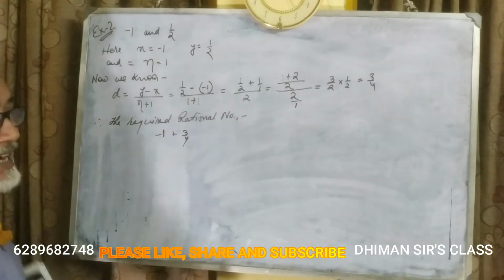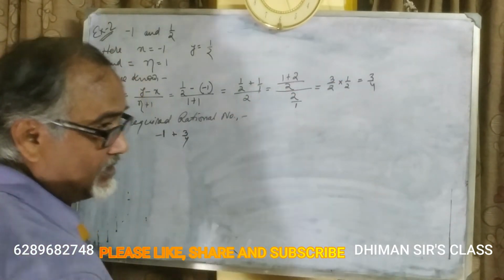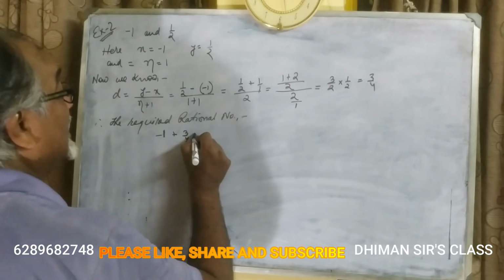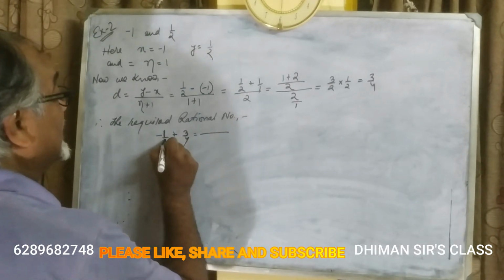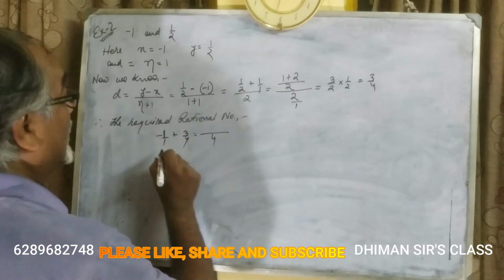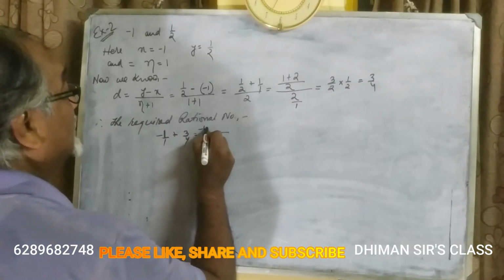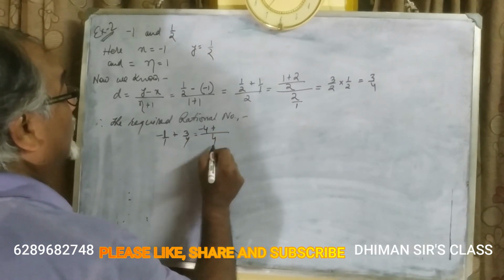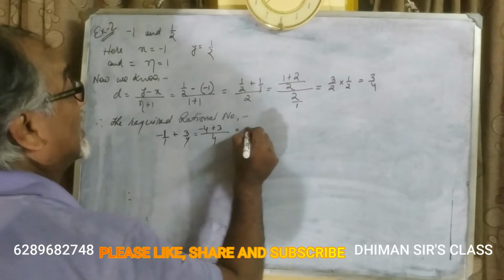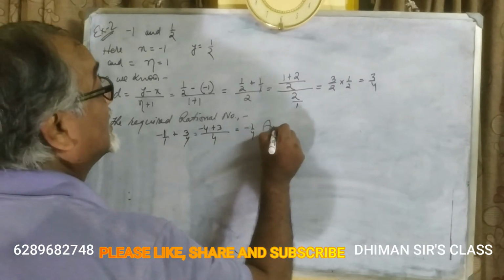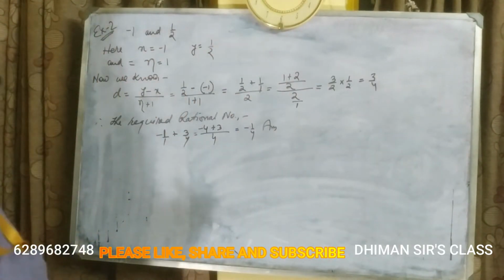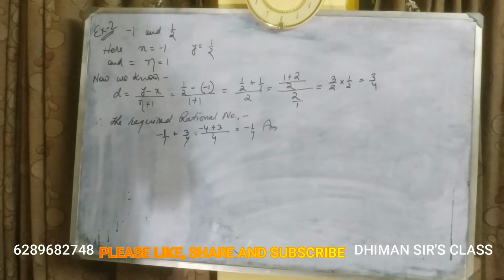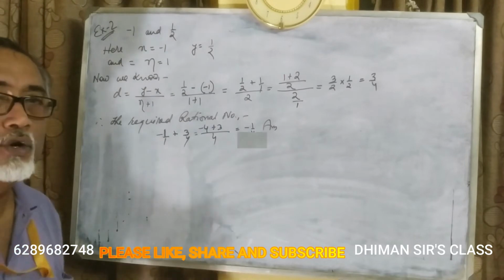The difference is added to the first term and finished, we get the answer. Is equal to, there is nothing in the denominator, let it be 1. So 4, 1 4s are 4, minus 4, plus 4 1s are 4, 1 3s are 3, is equal to minus 1 by 4. And that is the answer. It is already in P by Q form, so we don't need to change it. This is the answer. So pause the video, copy it out.